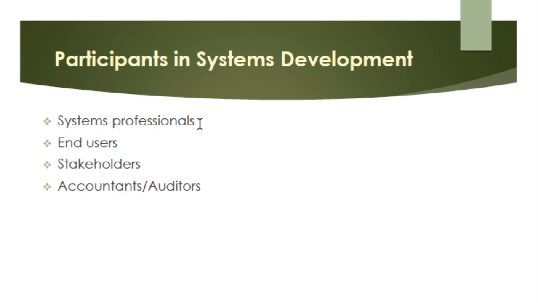So these are the individuals that actually build the system. They gather facts about problems with the current system, analyze these facts, and formulate a solution to solve the problem. So the product, of course, of the efforts of your systems professionals is your new system.